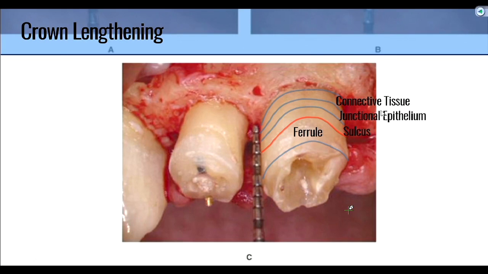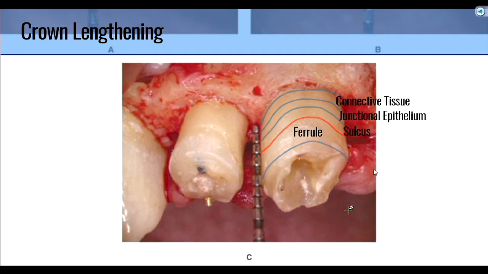And remember, this biologic width measurement can be variable patient to patient. So how would you determine what the biologic width measurement is in your particular patient? Right, you have to sound a bone and then do a little math, right? So you're going to measure the sulcus depth and then measure sounding the bone, okay?